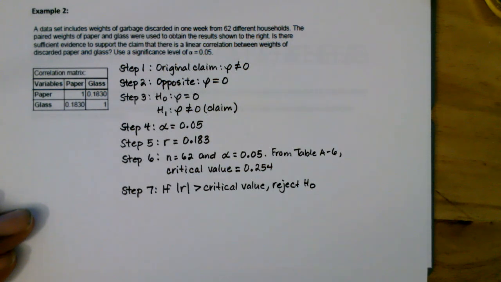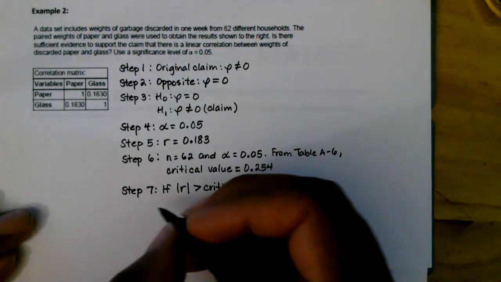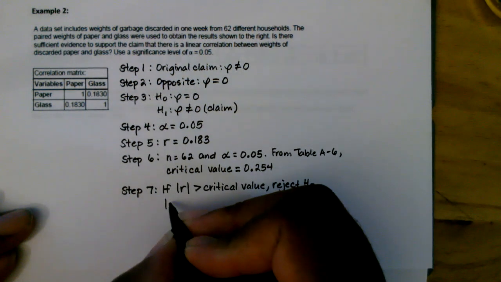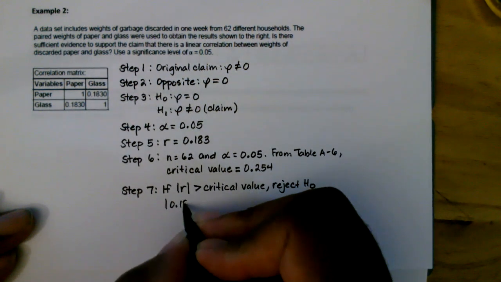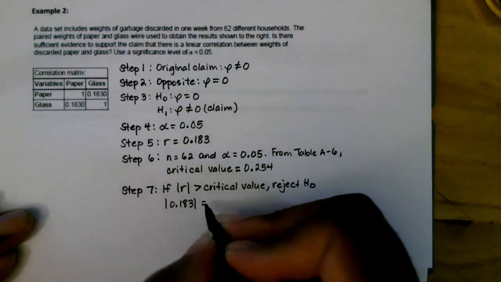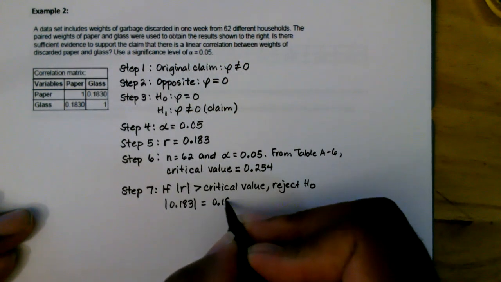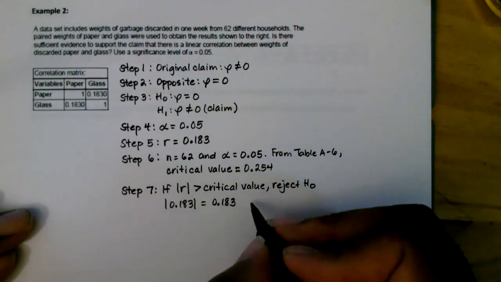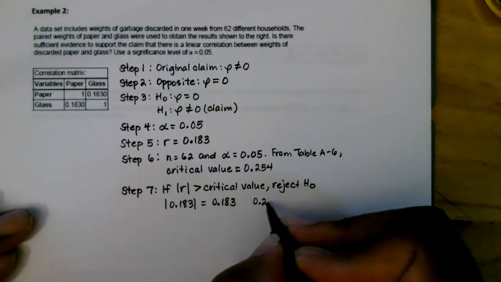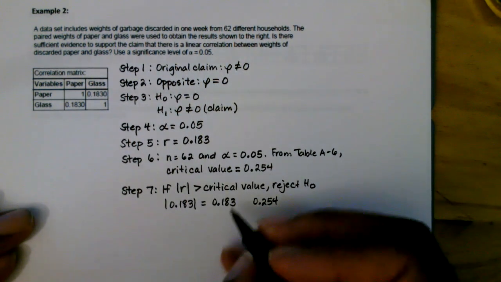So if I take the absolute value of R, and R was 0.183, again, the absolute value is always going to be positive. That would be 0.183. Now compare that to the 0.254.